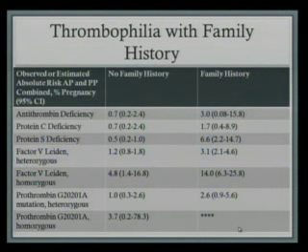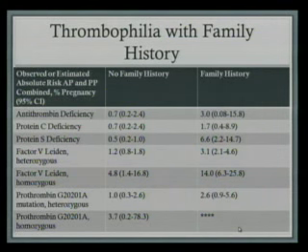When you compare them to those with a family history, the positive family history increases your risk about 2 to 4-fold. As you can see here, every odds ratio or absolute risk is almost doubled, and even in factor V homozygous, it went from 5 to 14.